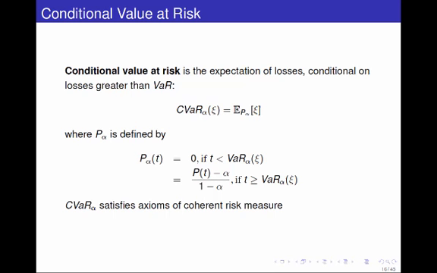How do we do that? Anyone have any ideas? Without looking at the screen. We want to take the same function, and so the mass that is left here is 1 minus alpha.